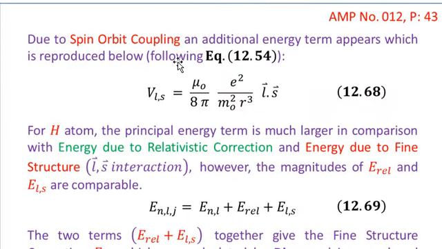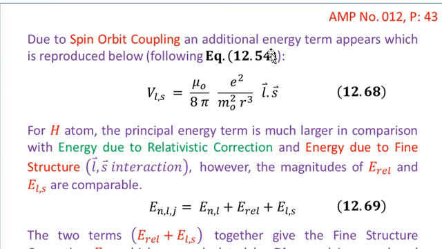Due to the spin orbit coupling, and you know that I have explained the spin orbit coupling, the orbital magnetic moment mu L and the spin magnetic moment mu S will interact with each other, which is called spin orbit coupling.